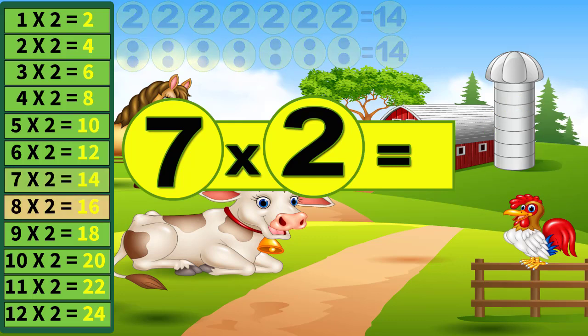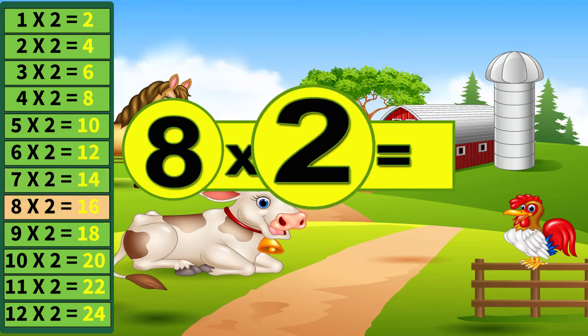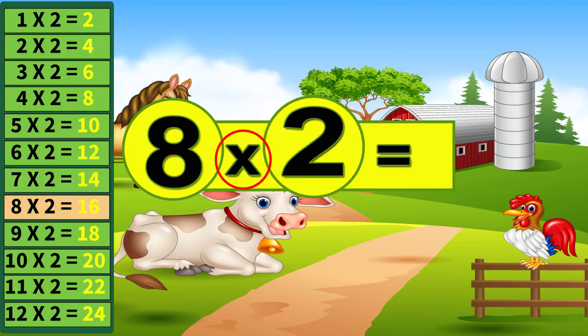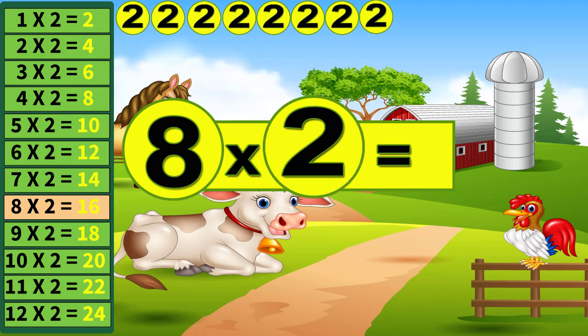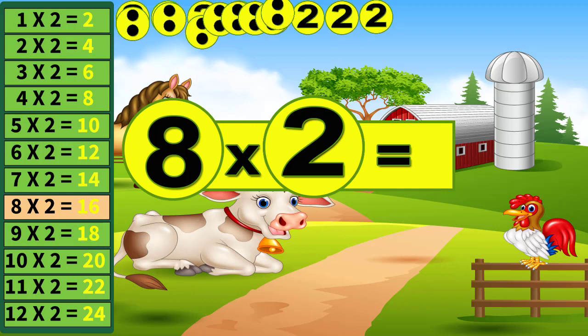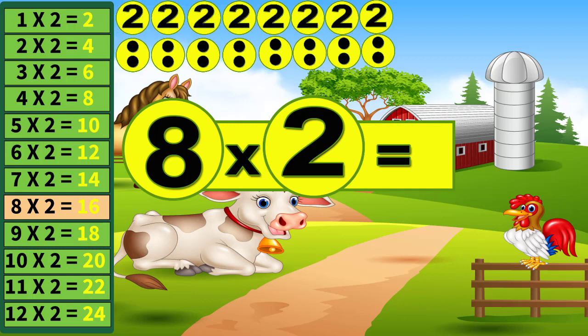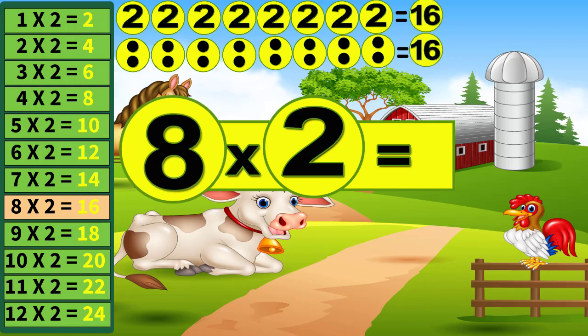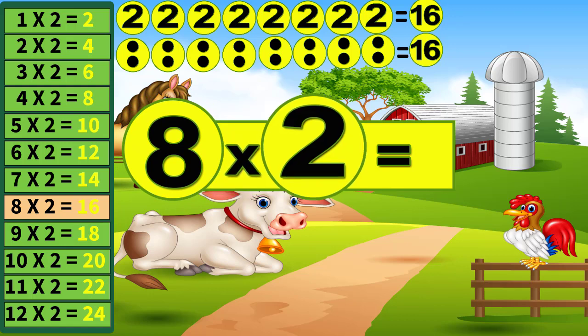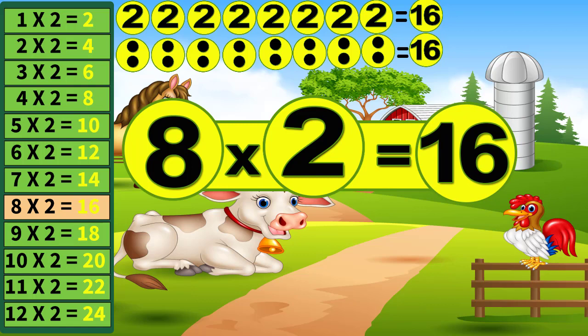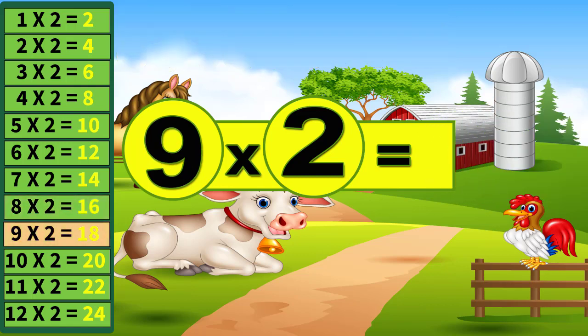Next is 8 times 2. Times meaning 8 of. So, we add all of the 2's together, and we have 16. So, 8 times 2 equals 16.